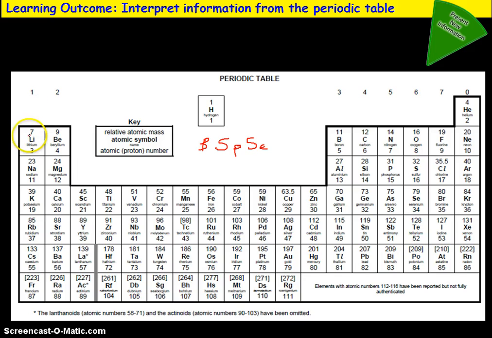So it's easy for lithium, or any of the elements in this group, to lose that 1 electron. And when they do that, if you imagine lithium has 3 protons, and at the moment it has 3 electrons, if it loses 1 electron and just ends up with 2 electrons, then overall it's got 3 positives but only 2 negatives, so it will form a +1 charge.